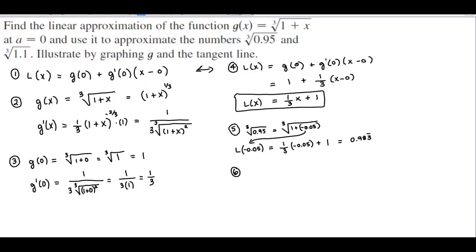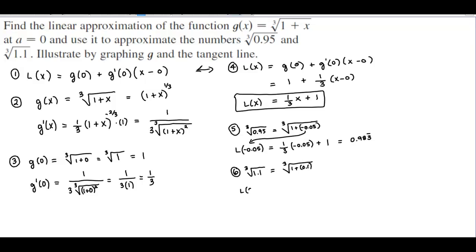And then if we take a look at the cube root of 1.1, that's going to equal the cube root of 1 plus 0.1.